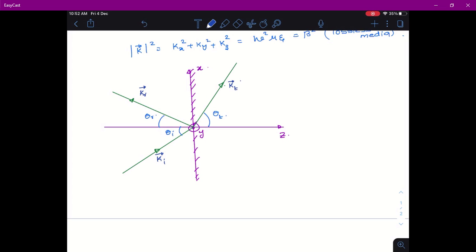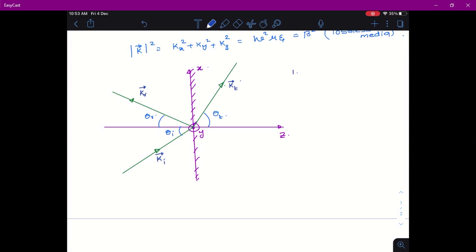Okay. Now, the k of incident, reflected and transmitted is now at some angle with respect to z, x and y. So, we need to make components of ki or kr, kt parallel to each of the axes.